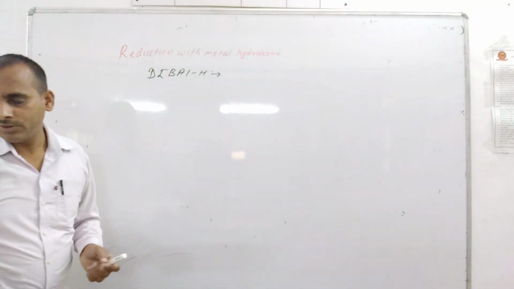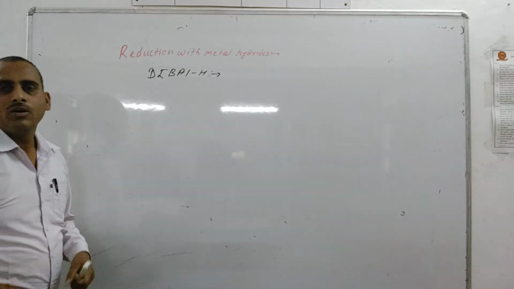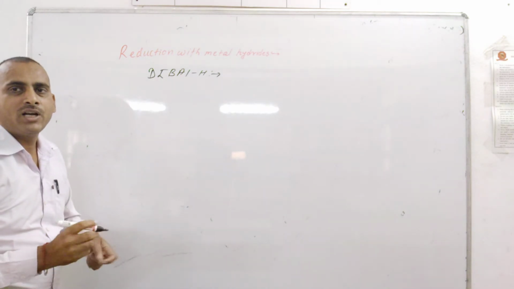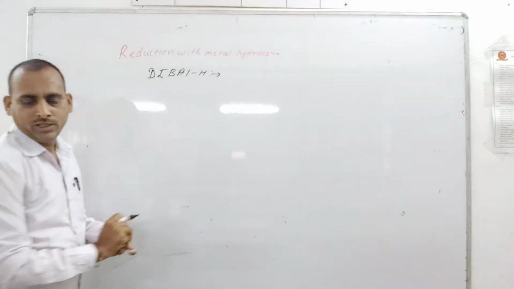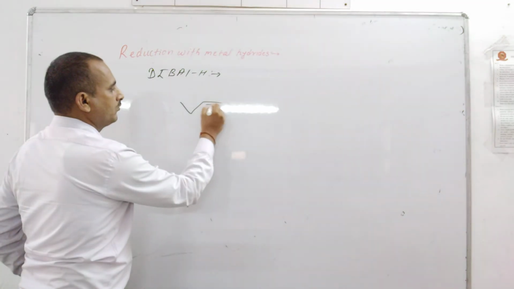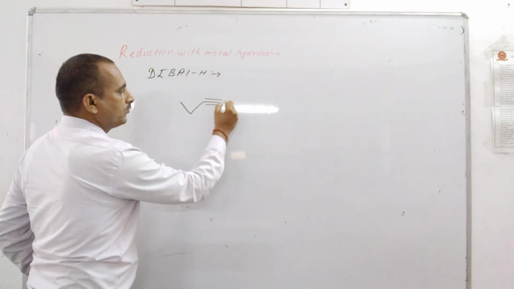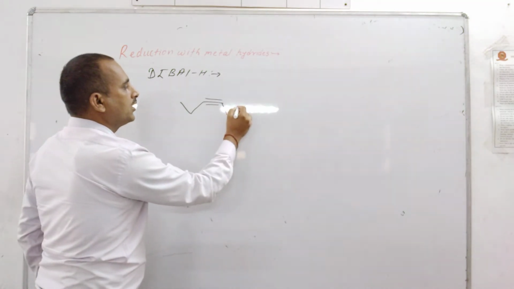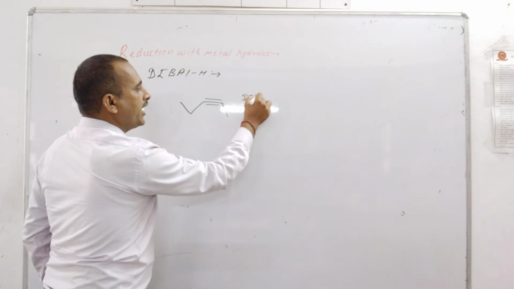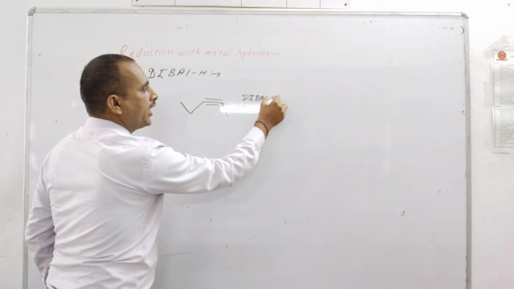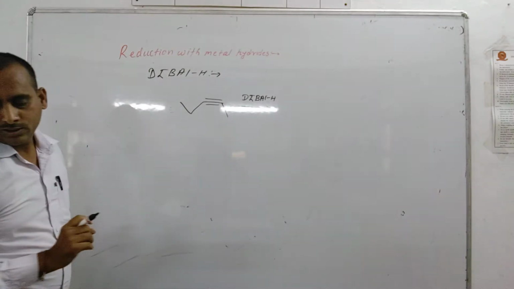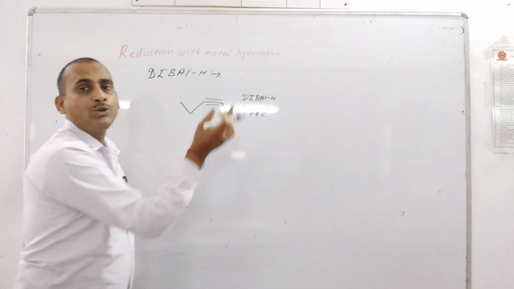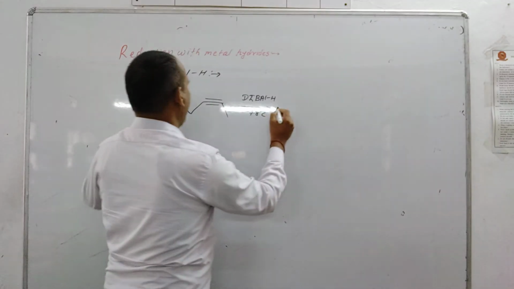The next reactions are for the reductions of the carbon-carbon triple bond, that is, alkyne to alkene. By using diisobutyl aluminum hydride at -78 degrees Celsius, this alkyne gets reduced to a cis alkene.